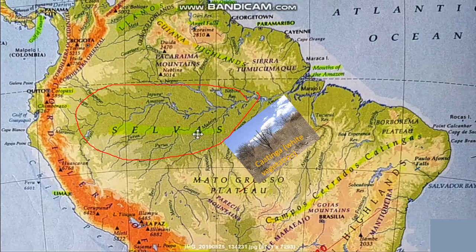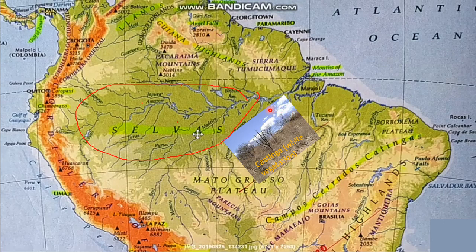We can see clearly how the Amazon river flows from west to east, where we find Marajo Island and the Guiana Highland. We find it on the very north side of Brazil.